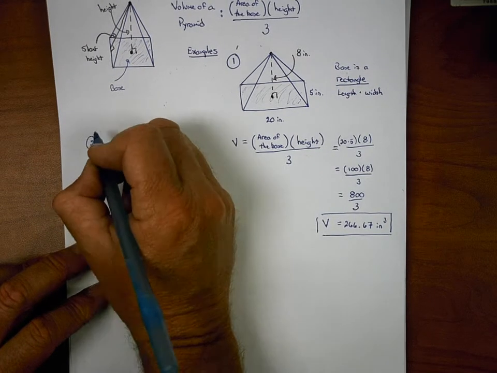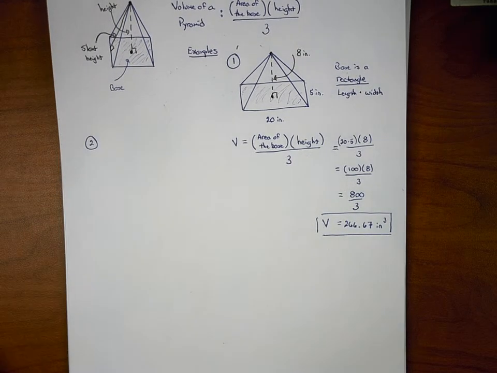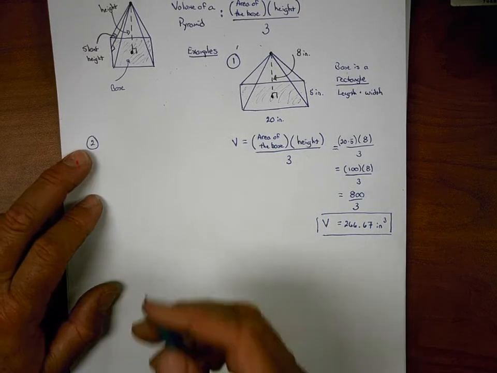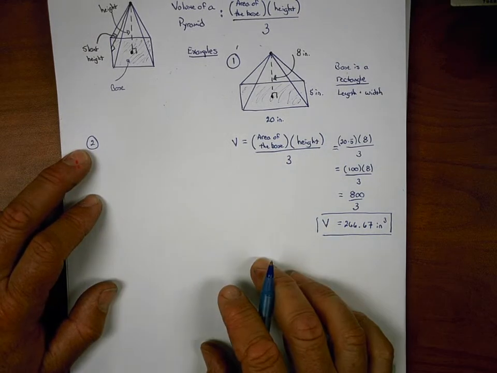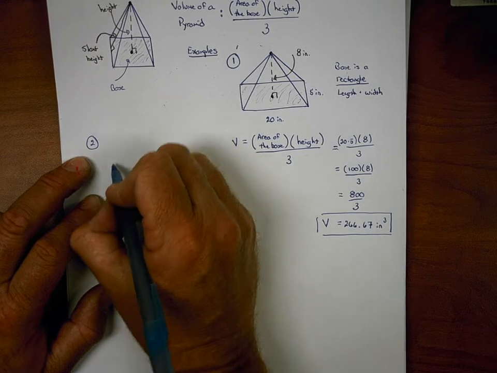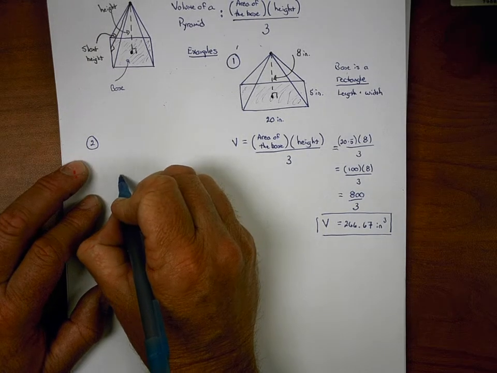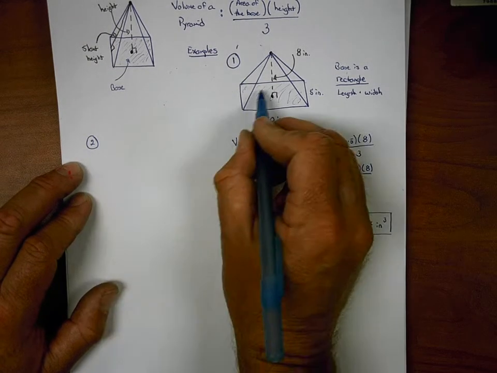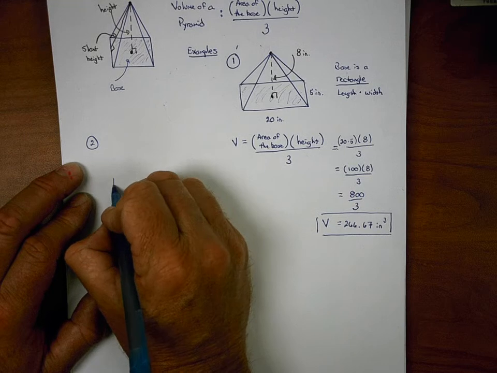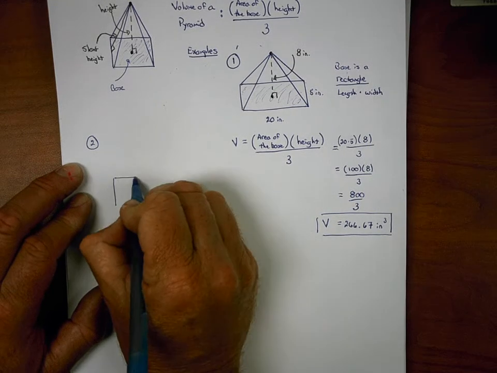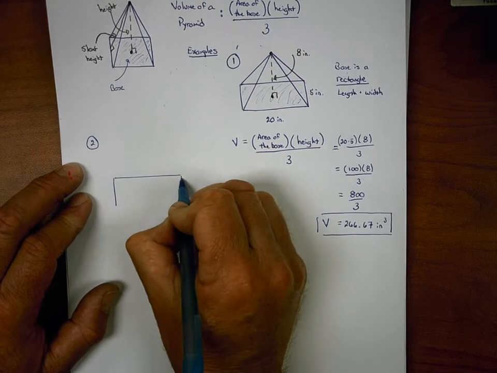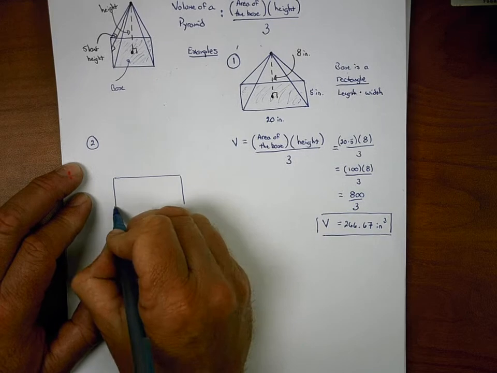Let's do a second example of finding volume of another kind of pyramid. I'm going to set it up so it's kind of the same as that one right there, although not all of them have rectangles, but I'm going to make this one a rectangular base as well.